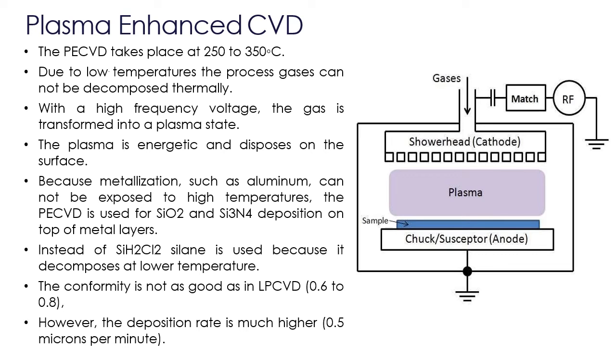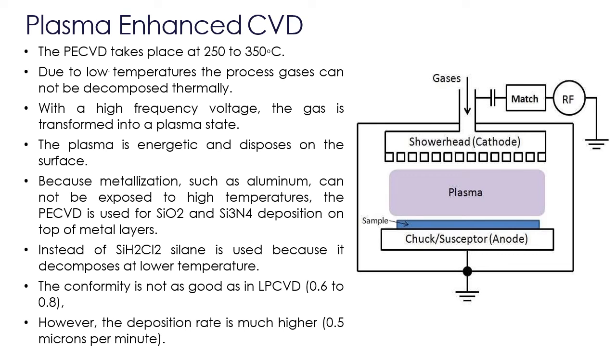When transformed into the plasma state, it becomes very energetic and deposits on the surface. Because metallization such as aluminium cannot be exposed to high temperature, PE-CVD is used for silicon oxide and Si3N4 deposition on top of the metal layer.